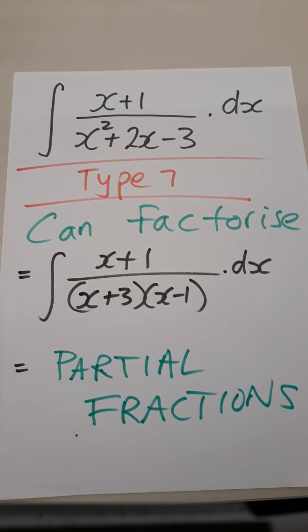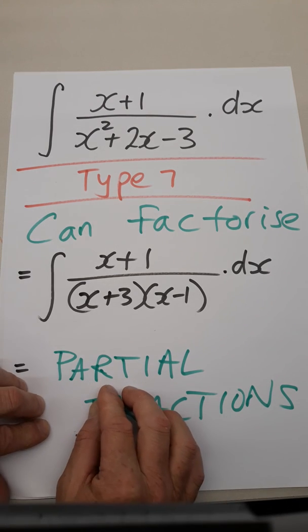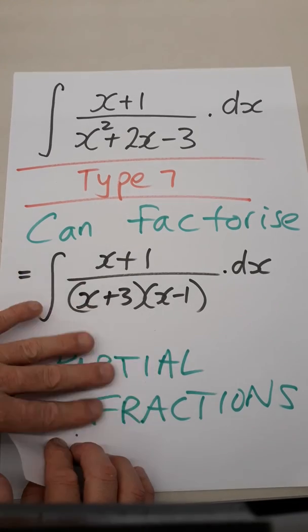If you end up with partial fractions, you're going to end up with things that are logs, things that are inverse tans, or even simpler integrals when you split them up into partial fractions. And I just want to leave that thought in your head as we look at what can happen in terms of the partial fractions. So we haven't done this one yet, but we will. We'll get there. But I just want to point out that there's various types that you can use partial fractions for.